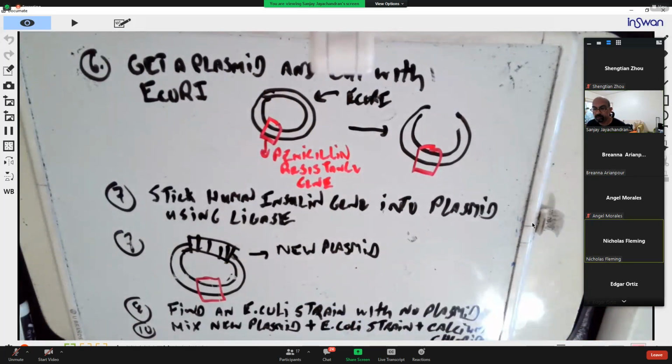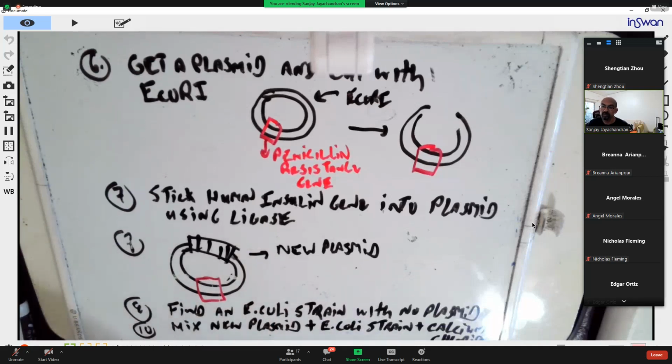The insulin gene. Remember, this is a human insulin gene, right? So they're transcribing and translating my human insulin gene into human insulin protein. And so their little bodies are going to be packed with human insulin protein.